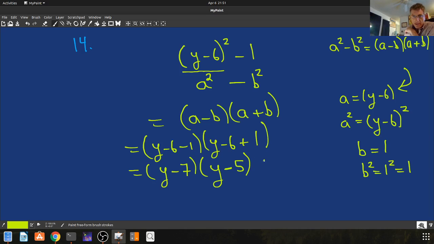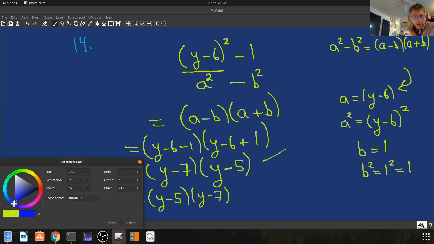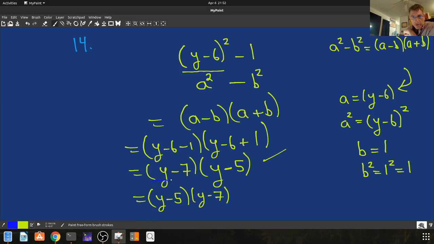And that's the answer. Notice, if you're looking at the answer sheet, they have the answer as y minus 5 times y minus 7, and that's exactly the same thing, because this is one thing times another thing. And when I multiply two things, the order does not matter. That's the commutative property.